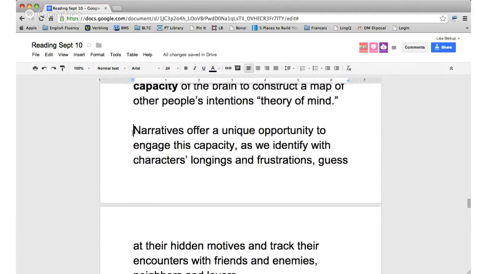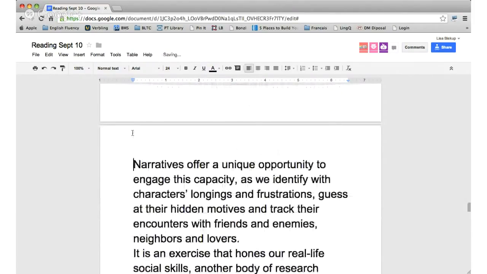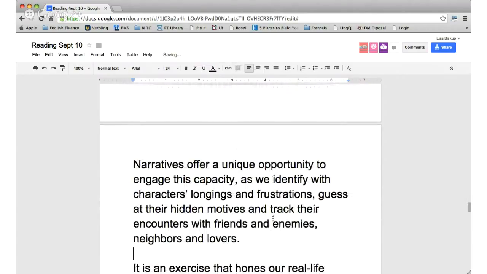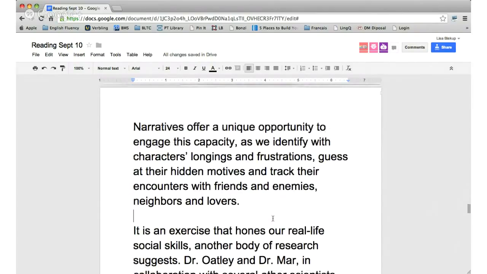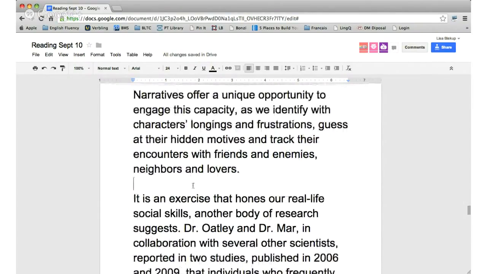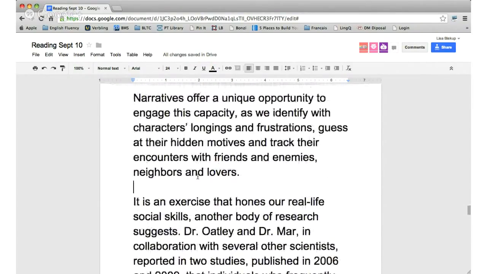So narratives offer unique opportunity to engage this capacity as we identify with characters' longings and frustrations, guess at their hidden motives, and track their encounters with friends and enemies, neighbors, and lovers.